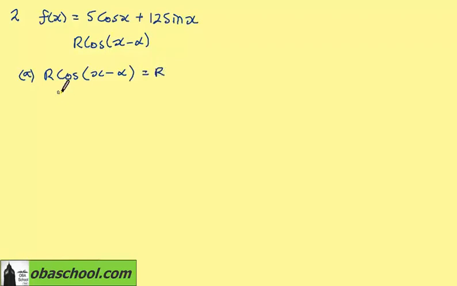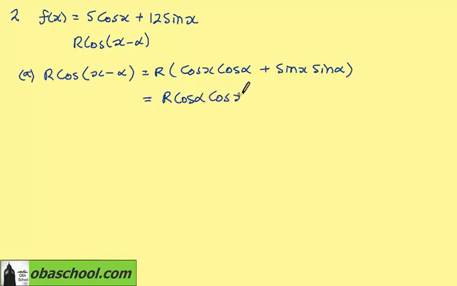Using the expansion for cos(x minus alpha), that's r into cos x cos alpha plus sin x sin alpha. And we can rewrite this as r cos alpha cos x plus r sin alpha sin x.